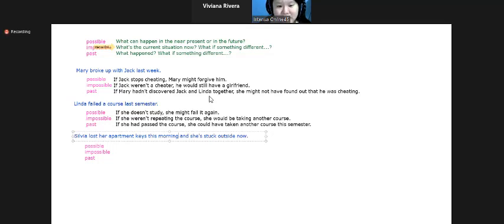Entonces, ¿qué puede pasar? Tal vez si encuentra las llaves, eso es diferente. Found, right? If she found the keys. Find, yes, if she finds the keys, she might... let's use will, para que veamos un ejemplo con will.